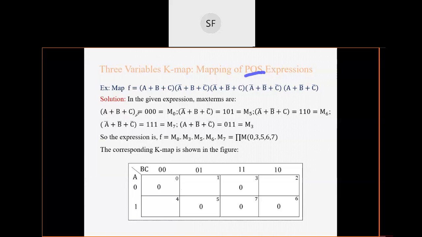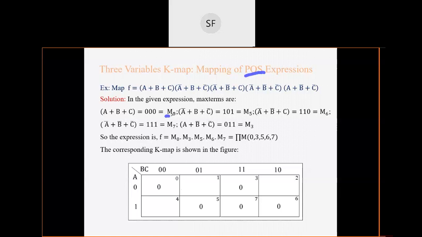You can observe A, B, C. So here all 3 variables are uncomplemented, meaning there is no bar at the top of these variables. That means it is uncomplemented form. So all 3 are uncomplemented, that's why 0 0 0 will be there. And the decimal equivalent for this binary code is 0. So your first max term is M0.